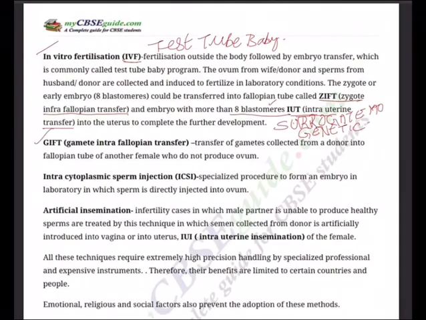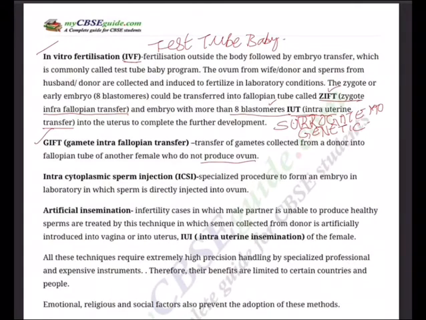And then the second technique is GIFT. There it is ZIFT, remember, zygote intrafallopian. Here it is GIFT, gamete intrafallopian transfer. So transfer of gametes collected from a donor into the fallopian tube of another female who does not produce ovum. Here only the genes will change, because the functional ovum, which we were talking about during ovulation and oogenesis, somehow in some ladies, unfortunately, cannot be produced.